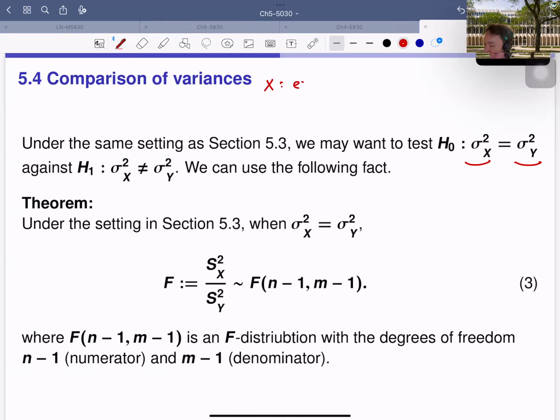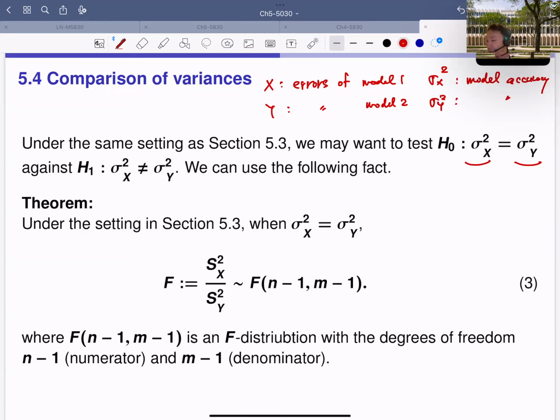So x is the errors of model 1, and y is the errors of model 2, or something like that. Then the variance of x and the variance of y are a kind of model accuracy, and often we want to compare the two model accuracies.